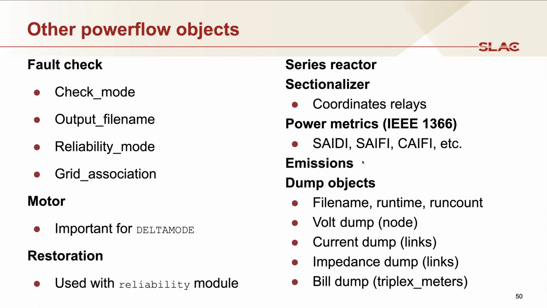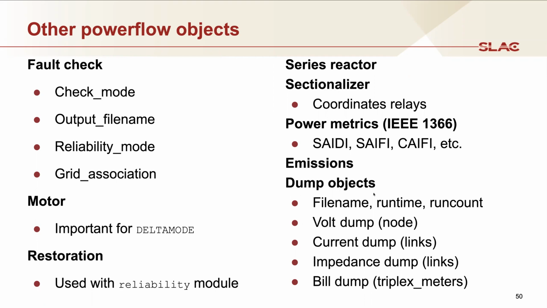There's an emissions object that generates emissions data related to the loads on the system and what their greenhouse gas emissions would be. And there are various dump objects that are used to generate voltage, current, and impedance dumps, as well as a billing dump for triplex meters.